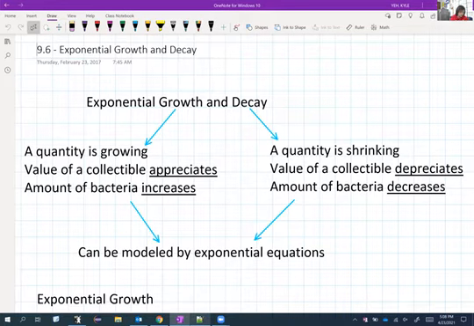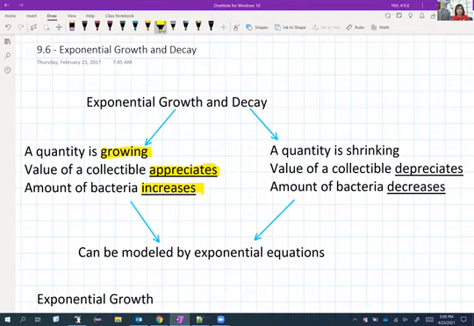How do we know, based on a word problem, yes, love those, if we are looking at exponential growth or decay? Well, growth: a quantity is growing. Value of a collectible appreciates, that means it's going up in value. Amount of bacteria increases. Those are all keywords talking about exponential growth. Are they the only words that could be used?